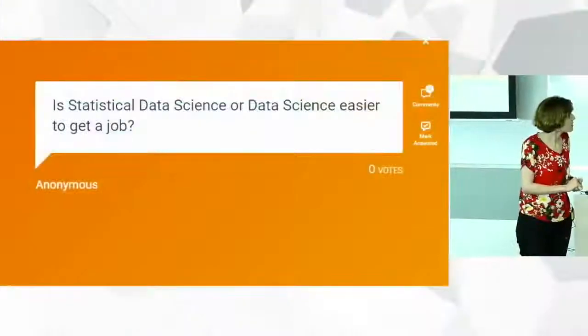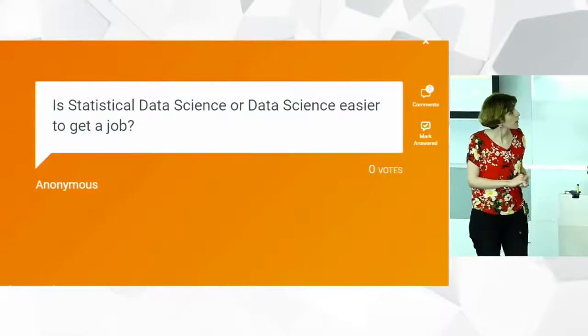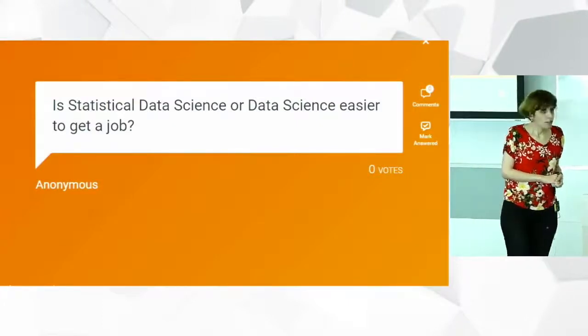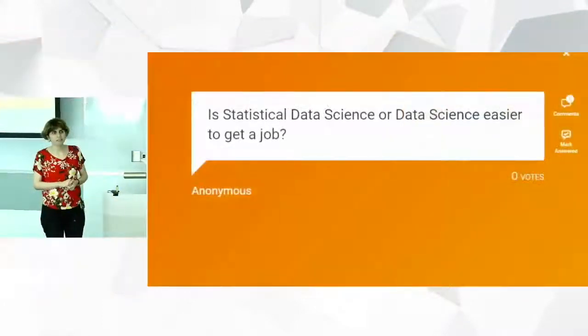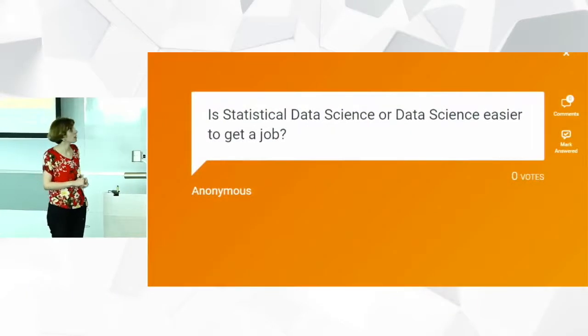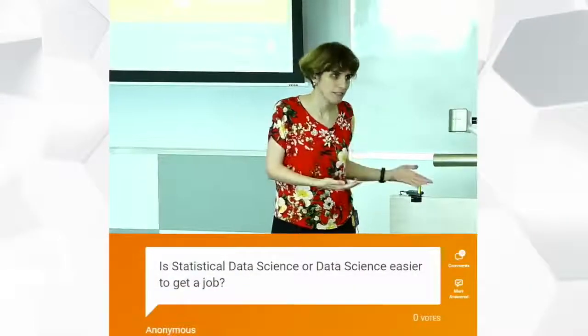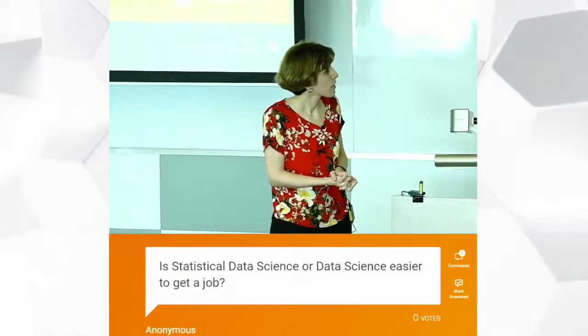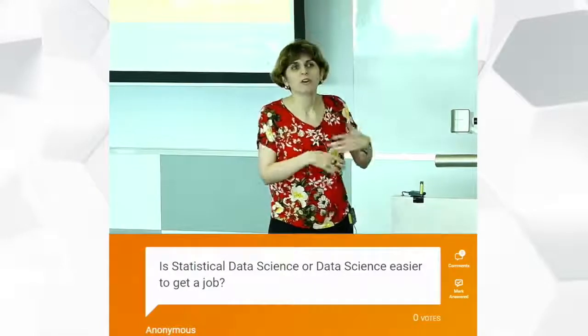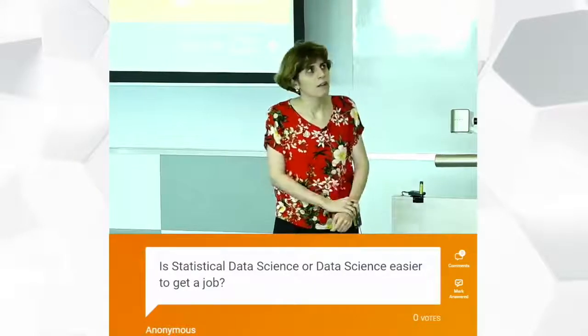Is statistical data science or data science easier to get a job in? You can work in a broader industry when you study data science. Actuaries usually work in financial sectors, which can be in different places, as I mentioned.